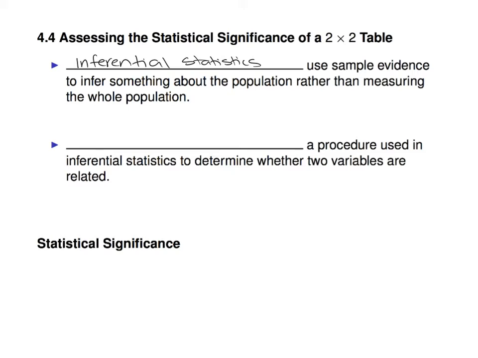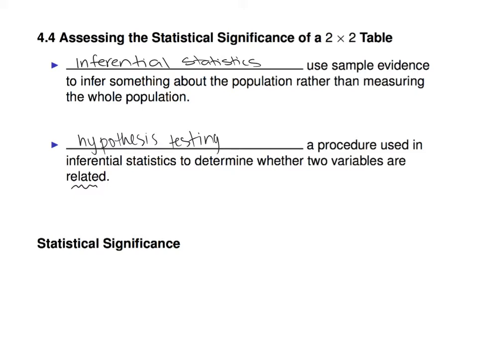And the procedure used in inferential statistics to determine whether two variables are related is called hypothesis testing. And notice that related means there's some kind of association between them. It does not mean that one thing causes the other.